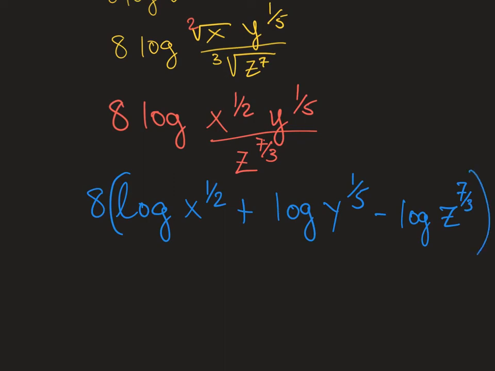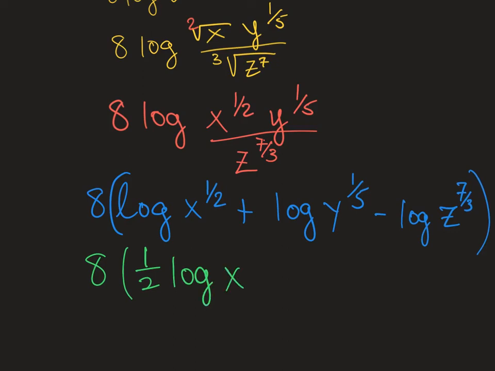The reason why I kept that 8 on the outside, you'll see later on, but here we go again. We're going to go forward. 8, we're going to bring down 1/2.